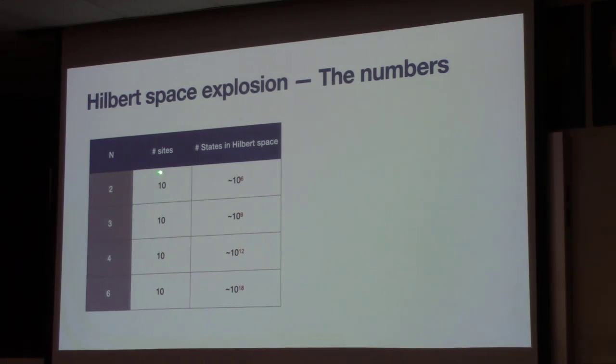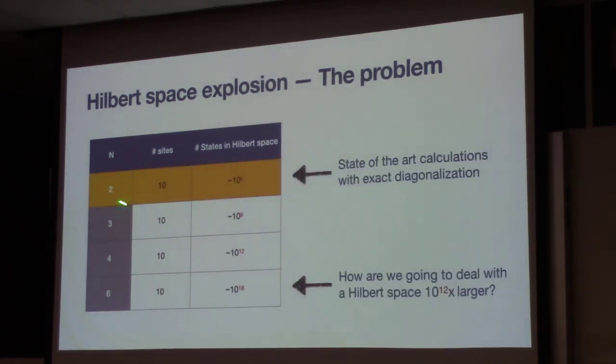If we fix the number of sites on the lattice, but we vary N from 2 to 6, one can see that for N equal 2, we have 10 to the 6 states. And this is state-of-the-art calculations with exact diagonalization. So you write down the matrix and diagonalize it. So how are we going to deal with something that is 10 to the 12 times larger? It's a very big number.